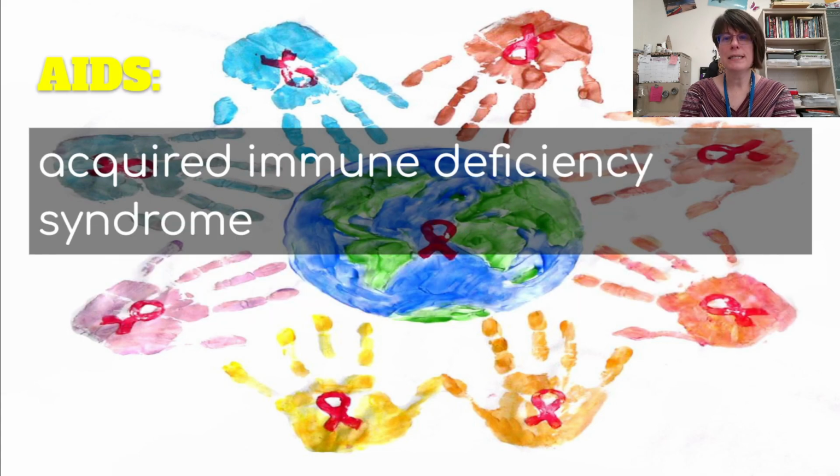Now, an important thing to know about this disease and this virus is that the reason your body does not really fight it is because it actually hides in the immune system and affects cells of the immune system.